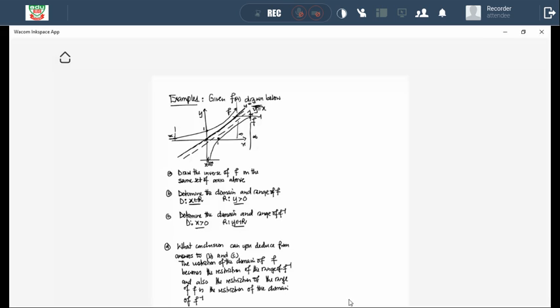Loosely speaking, we can say that which was the domain becomes the range of f inverse.